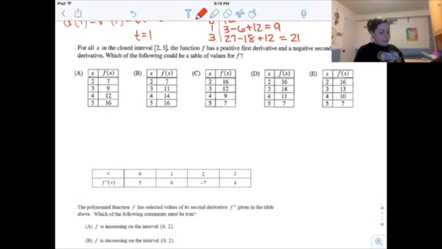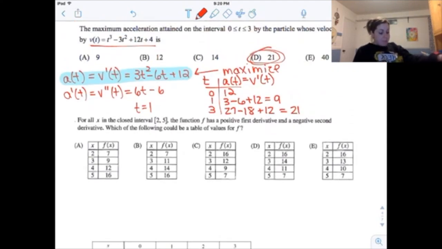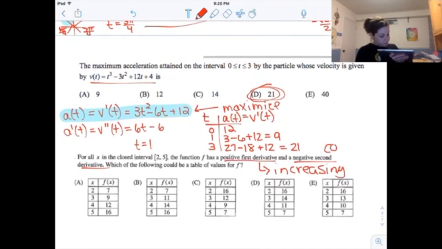So the next one says f is defined on the closed interval 2, 5. F has a positive first derivative, so that means that f is increasing, and a negative second derivative, so that means f is concave down.